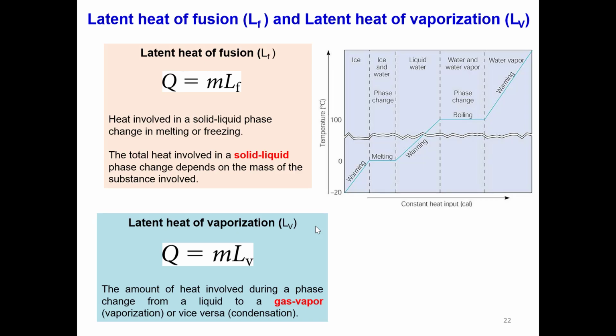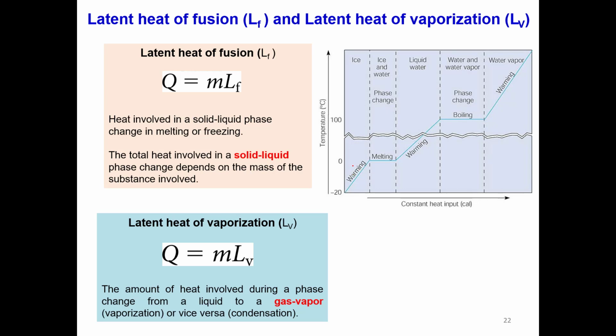If we want to calculate the total amount of heat that is absorbed or released during all these phase transitions, then we need to calculate the amount of heat in each part of this temperature-heat plot.